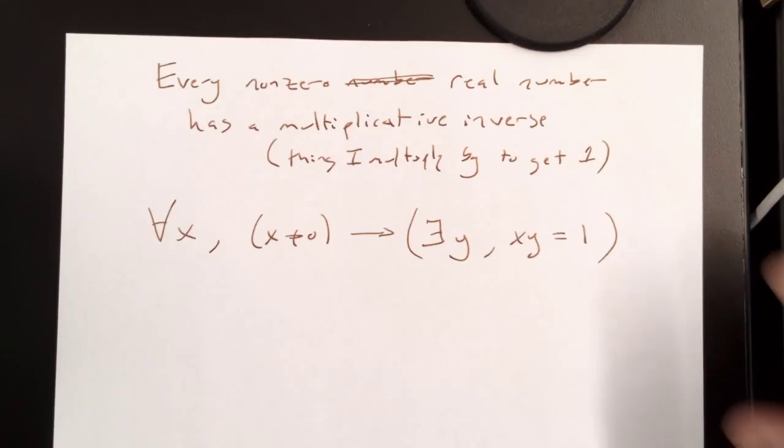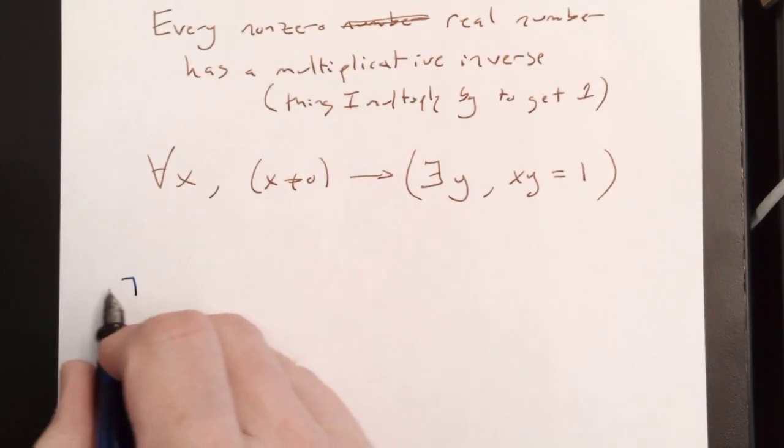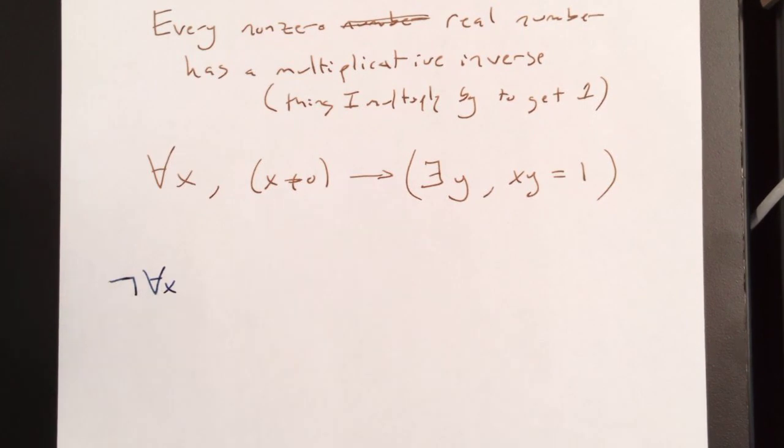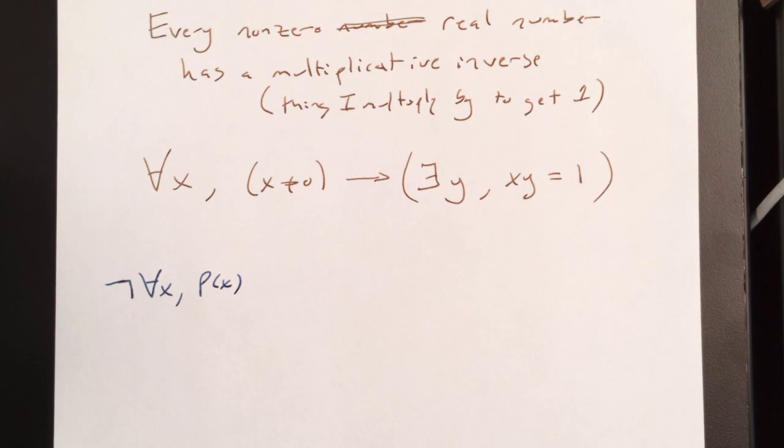Okay. On Friday, we mentioned the idea of putting a negation in front of a quantifier. What happened when we tried to move that negation from outside the quantifier to inside the quantifier? What did we say on Friday?